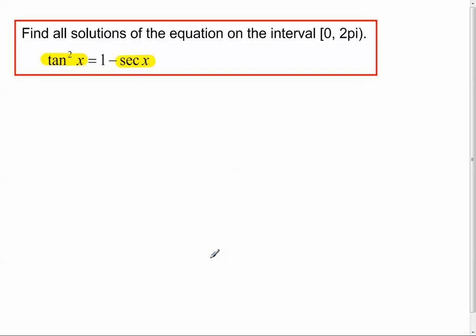And this is why we've learned Pythagorean identities. Because we're going to be able to take this tangent squared here and use an identity to rewrite this portion of the equation. So we should know that tangent squared is equal to secant squared x minus 1.